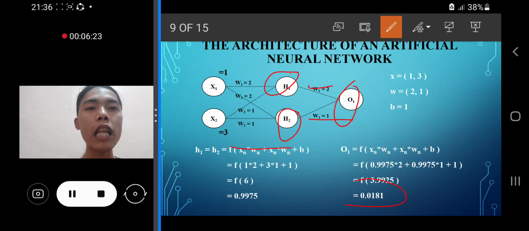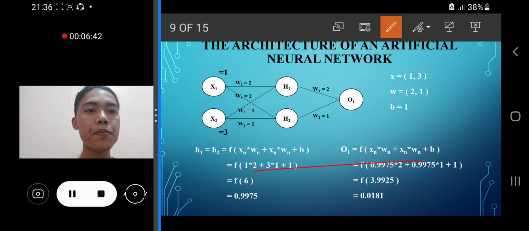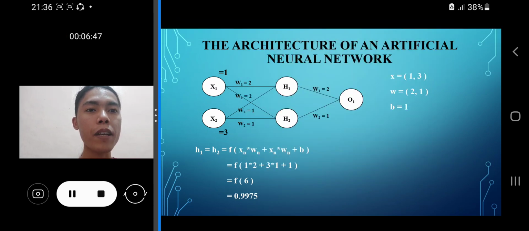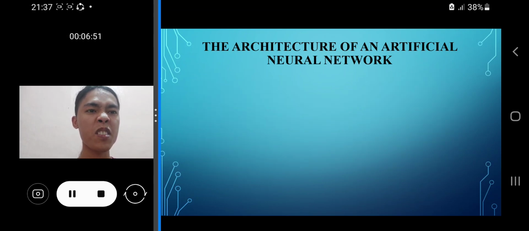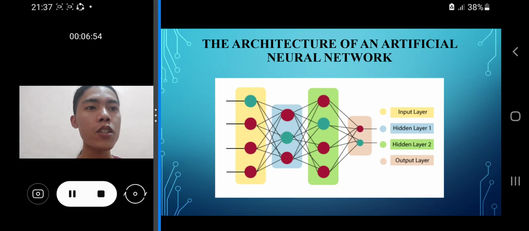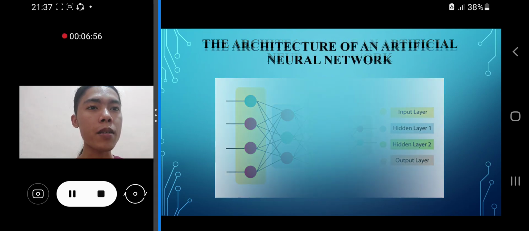So, what happens in this computation? For example, I would like to know if it is a dog or a cat, and I will input some images.